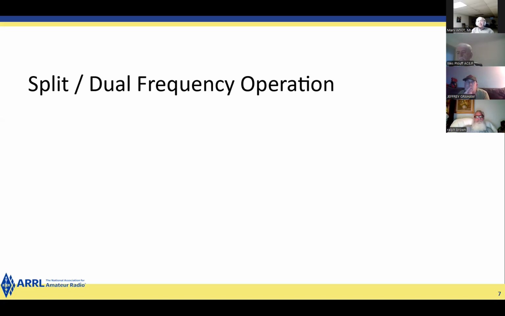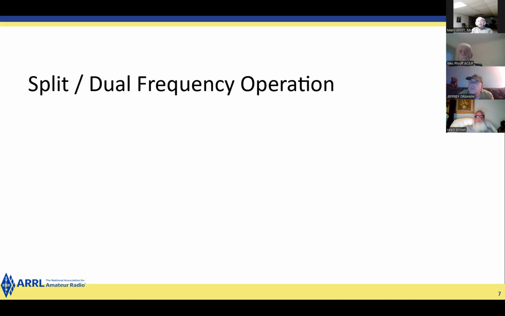This is quite common, especially in DX operations when a lot of people are trying to contact the sender, the DX operation, and he's trying to separate all the operators that are trying to get a hold of him.